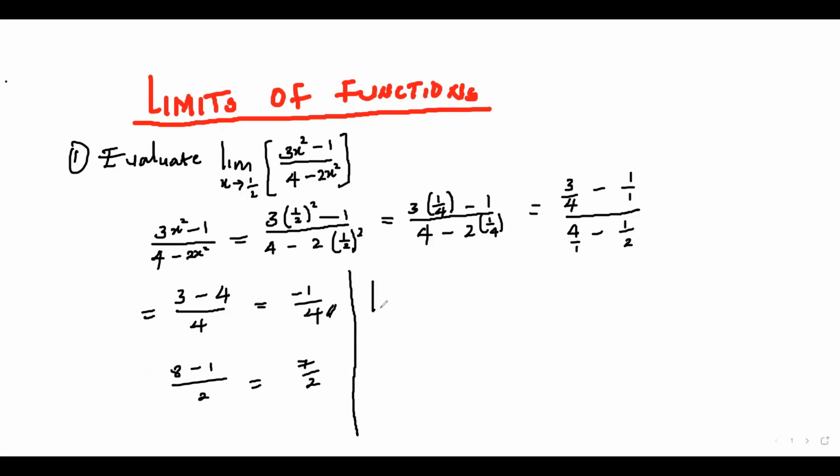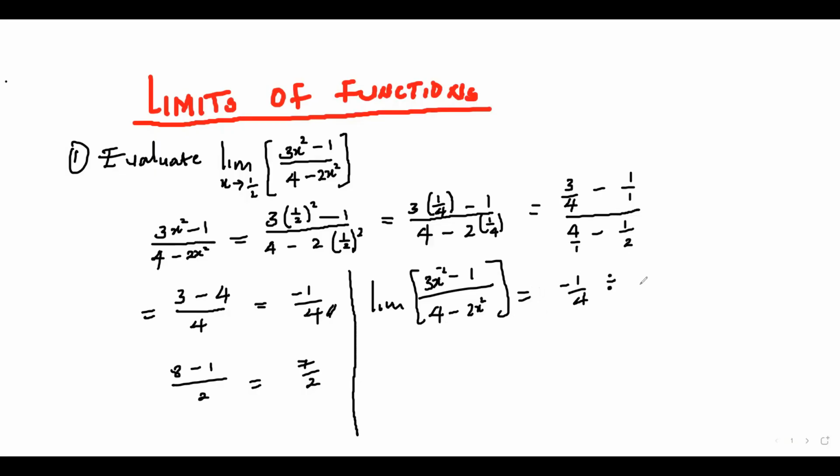So now, finally, the limit of 3x squared minus 1 all divided by 4 minus 2x squared is now equal to the numerator, minus 1 over 4.